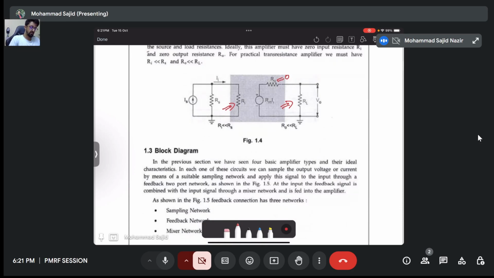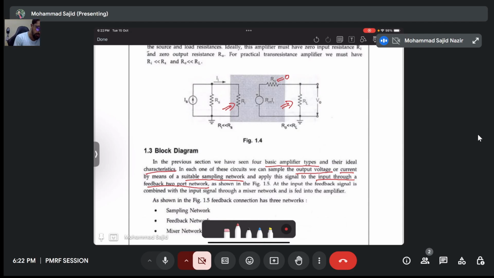So now let's discuss a bit again about the feedback networks. In the previous section, we have seen the 4 basic amplifier types, right? And their ideal characteristics. In each one of these, we can sample the output voltage or current, by means of a suitable sampling network, and apply the signal to the input through a feedback two-port network, which gives the feedback factor beta.